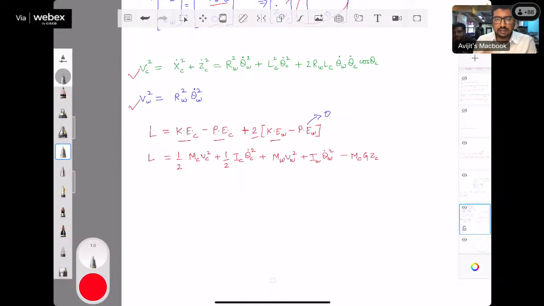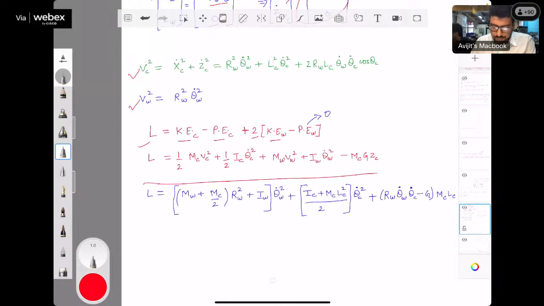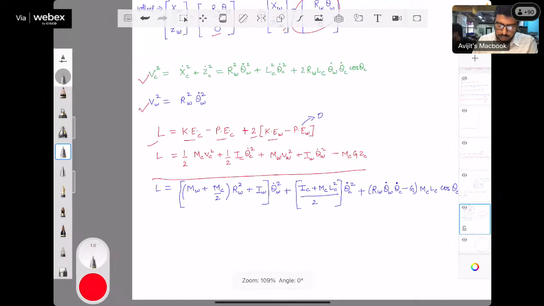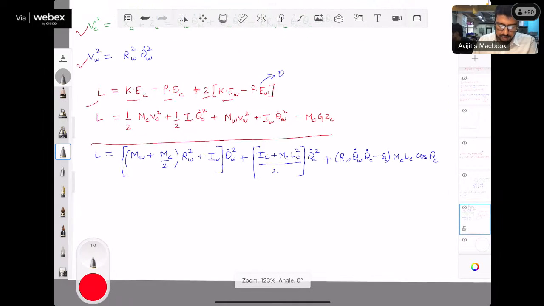Here we can see, since the wheel is not moving in the z direction and it is at the origin, we'll have PEW as 0. So if we put all the values of KEC, PEC and KEW into this equation, we will reach this underlined equation. Okay. Here is an expanded version of it.